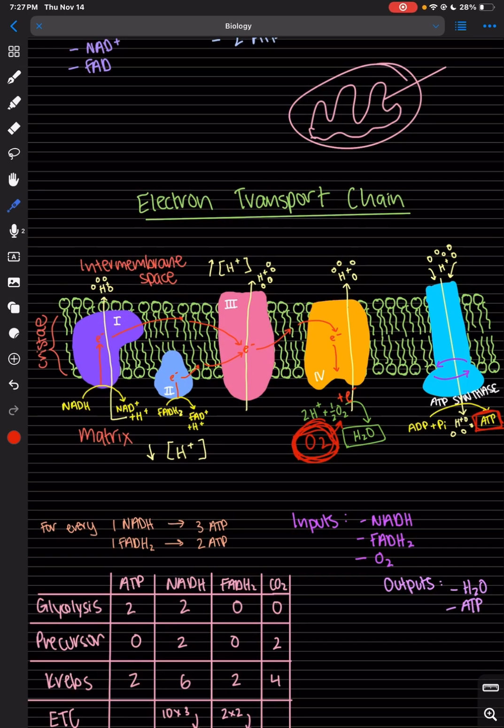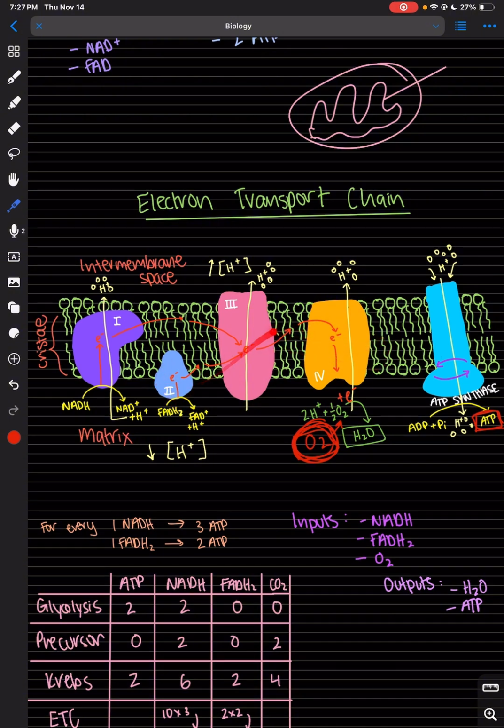On the other hand, because FADH2 can't come to complex number 1 and be broken down, it has to be broken down from complex number 2. This means that the electrons from FADH2 have a shorter span, right?